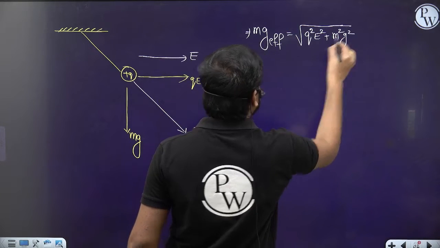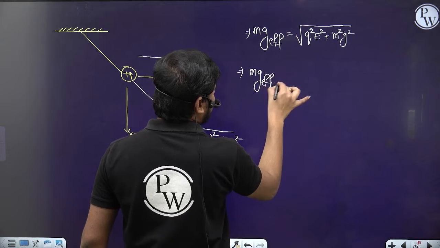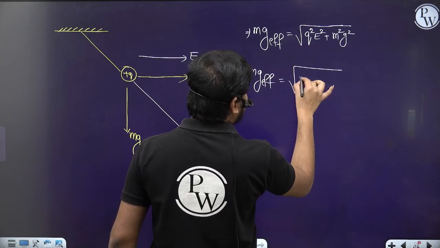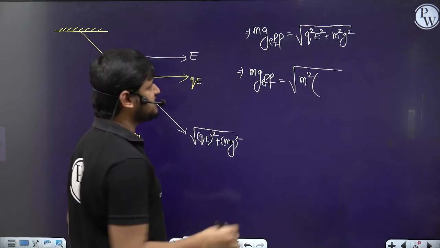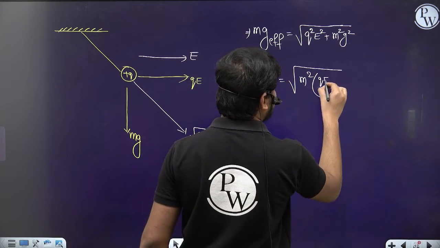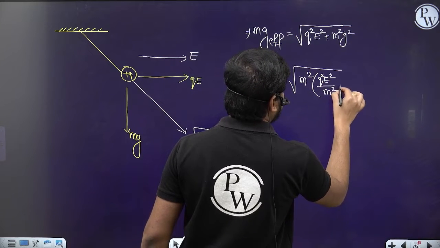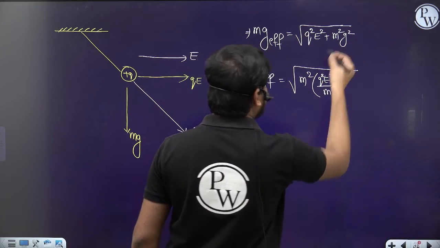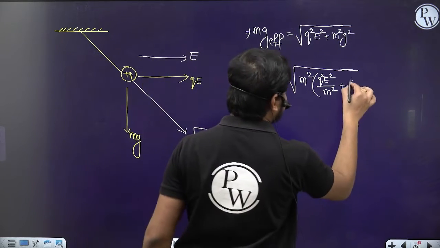Do one thing. So m into g effective is equal to, taking m square common within the root, so it becomes q square e square by g square, m square q square e square by m square plus m square g square by g square will be left here.